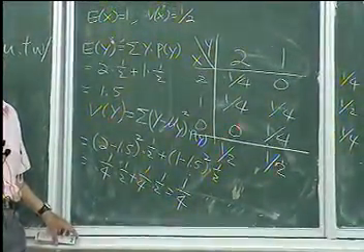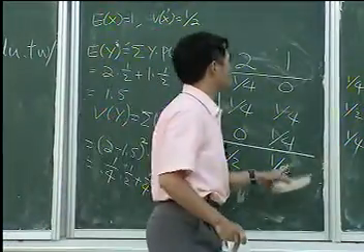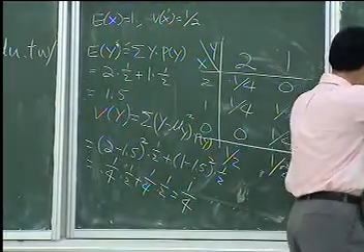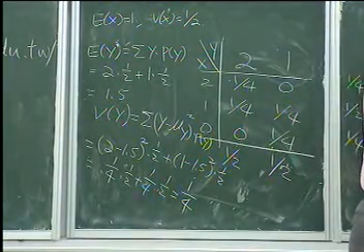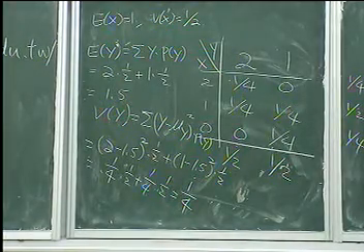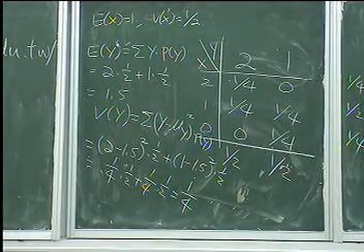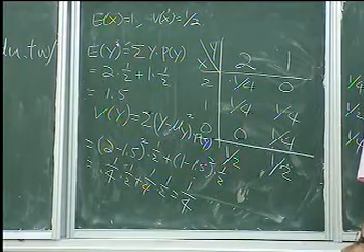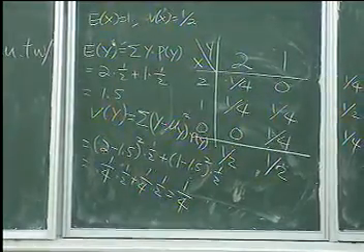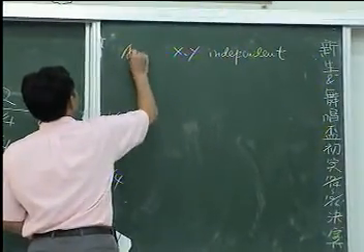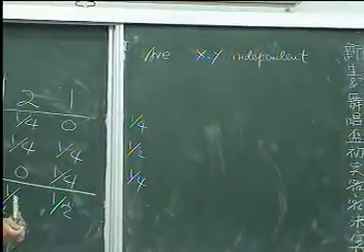But of course, these are just some of the practices of the formula we learned before. Now we want to get to the new formula. We want to figure out what's the relationship between these two. So the first question, are X, Y independent?